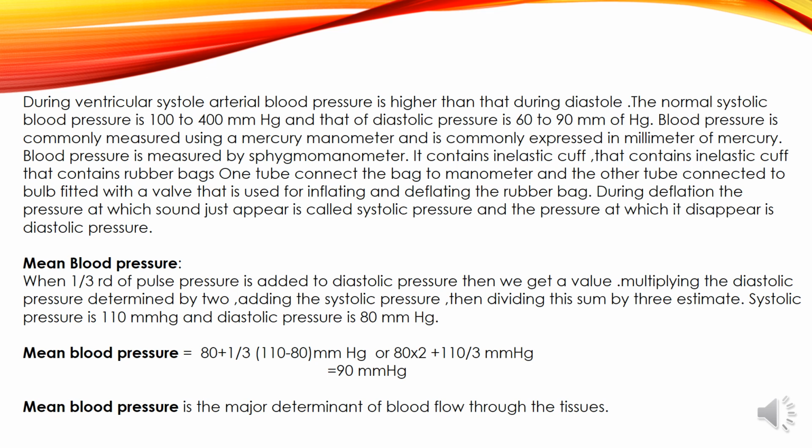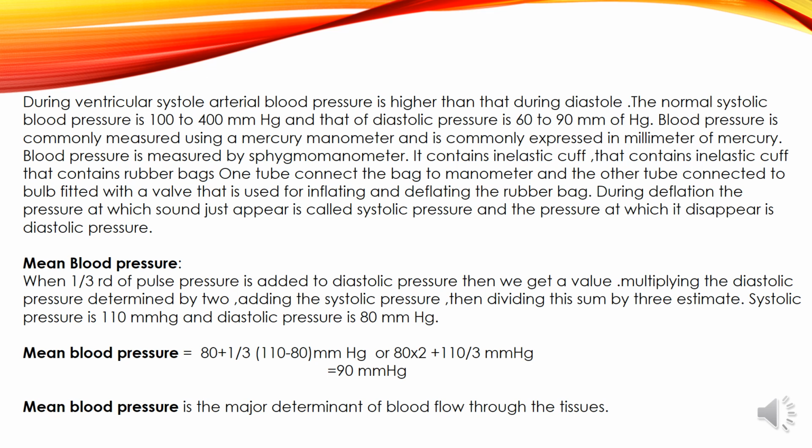When one third of the pulse pressure is added to the diastolic pressure, we get the mean blood pressure. Or, multiplying the diastolic pressure by 2, adding the systolic pressure, then dividing the sum by 3. Example: systolic pressure is 110 mmHg and diastolic pressure is 80 mmHg.